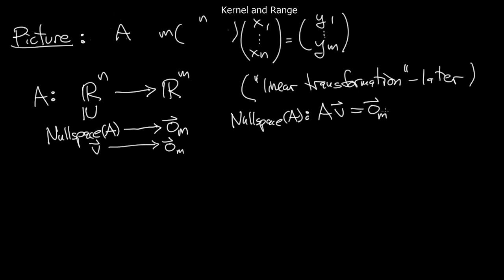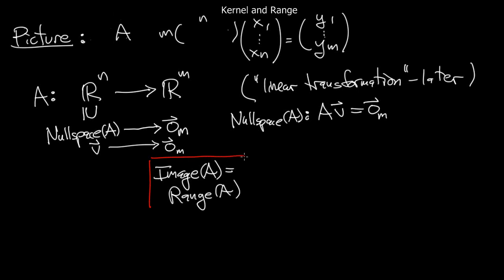Now, another natural thing that you can do when you have a map from Rn to Rm is you can look at the vectors in Rm which get hit by this operation. So that is to say, take the image of A, which is another word for the range of A.